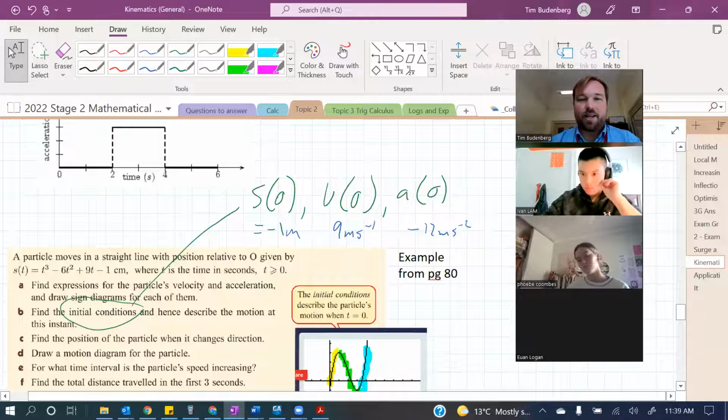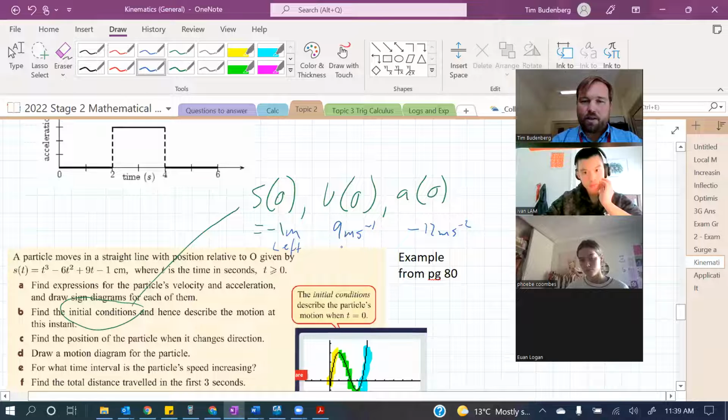The particle starts 1 meter to the left of the origin. It starts moving 9 meters per second to the right, and it's accelerating 12 meters per second squared to the left. So the initial conditions are how it starts off.